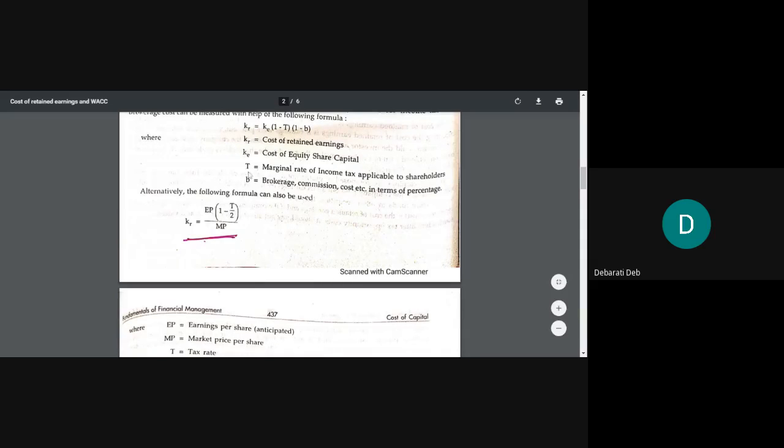This capital T equals the marginal rate of income tax applicable to the shareholders. Whichever rate of income tax is given in a question, that you will use here.